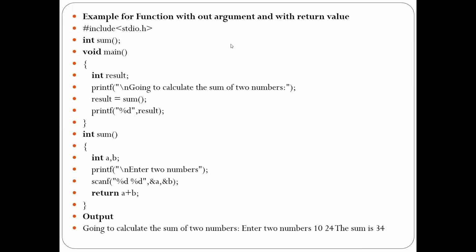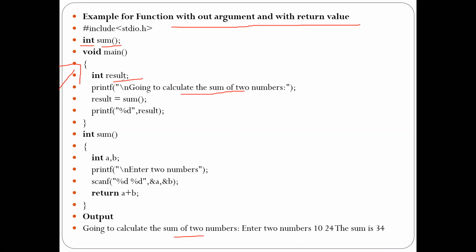Next we are going to see the function without argument and with return value. See here, the function is not going to pass any argument, but the return value will be an integer. One variable has been declared. We start from the starting point of the program in the main function, calculating the sum of 2 numbers.